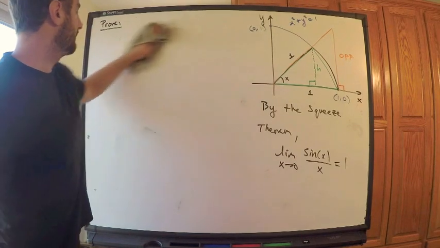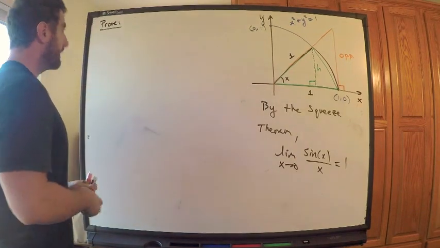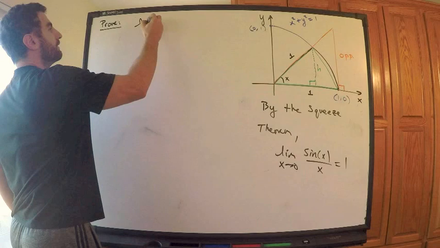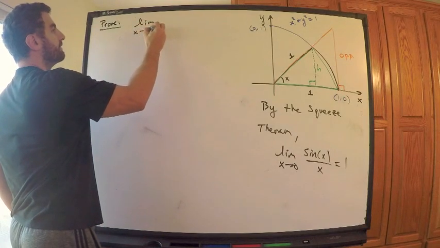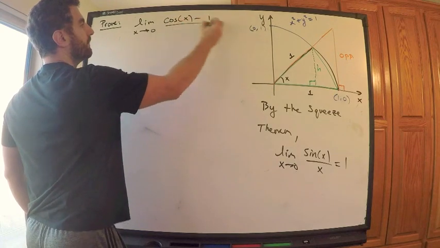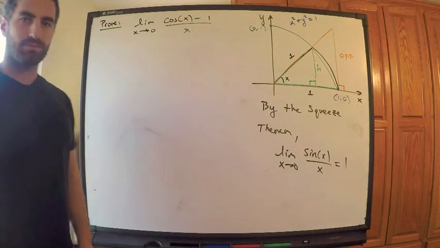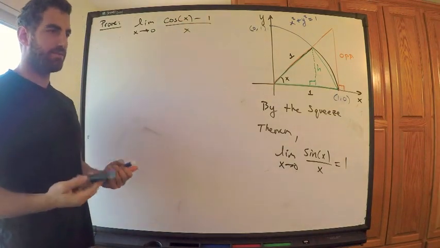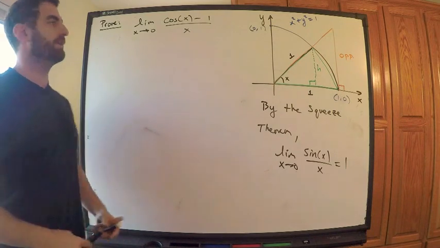What is the limit as x approaches 0 of cosine of x minus 1 over x? What I'm going to do here is multiply by the conjugate of the numerator.